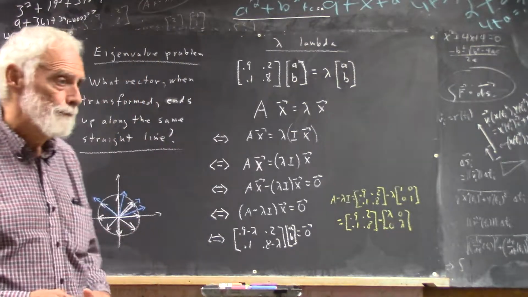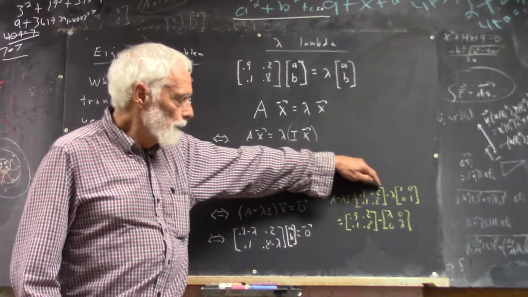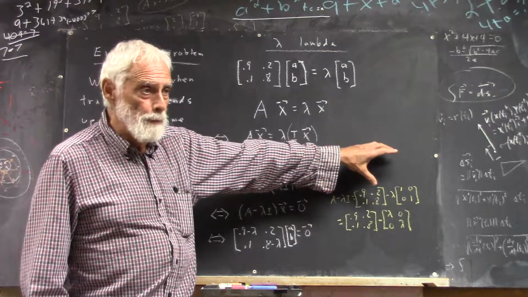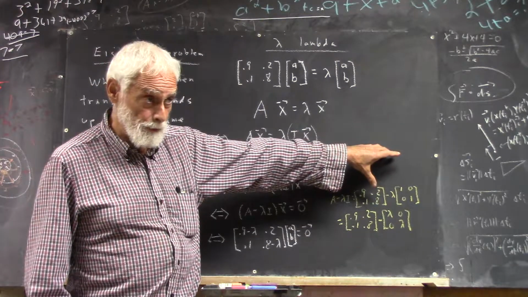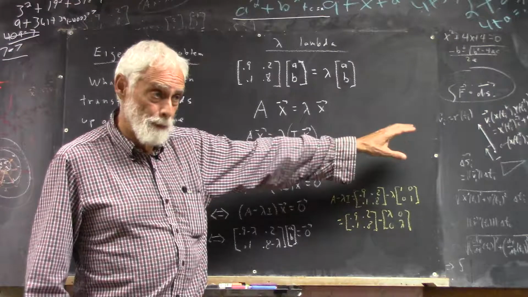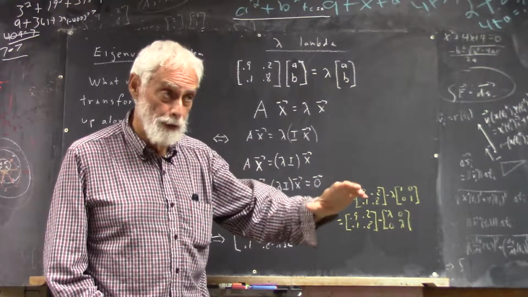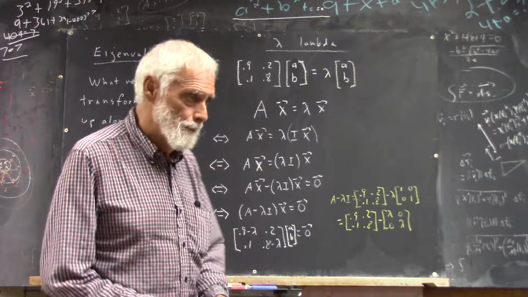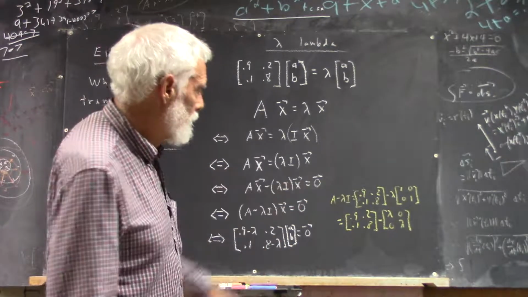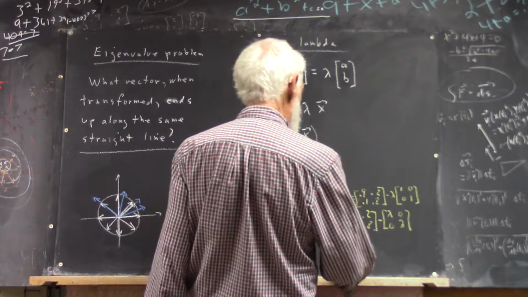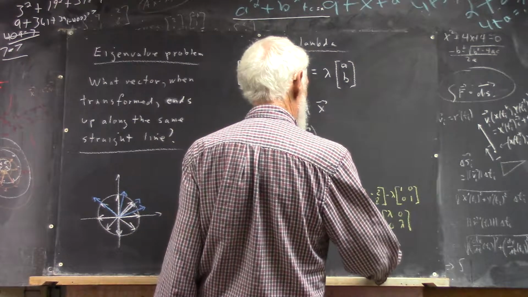If I multiply a number by a matrix, then I multiply it by every element in the matrix, every entry, every number, in every row and every column. That's what it means to multiply a matrix by a number. And then if I add two matrices, I just add them element by element.